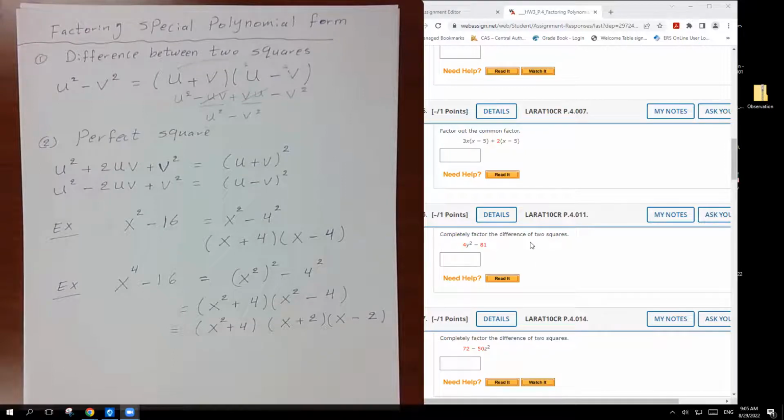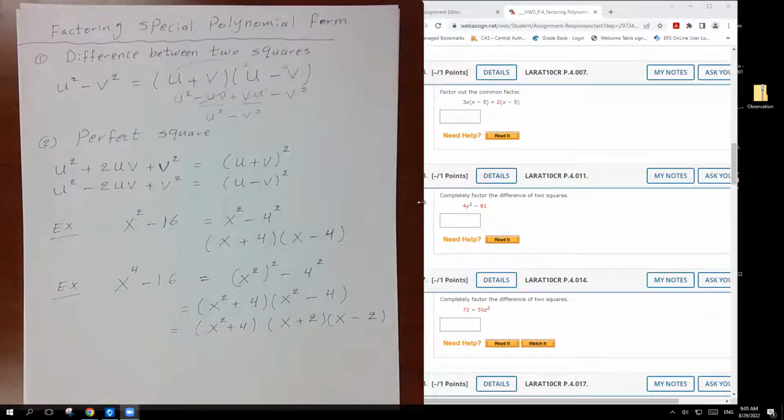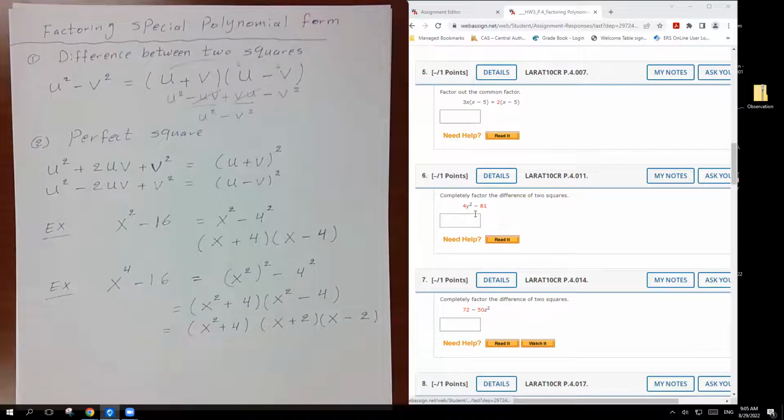Let's do one example from the website. So, 4y squared minus 81.